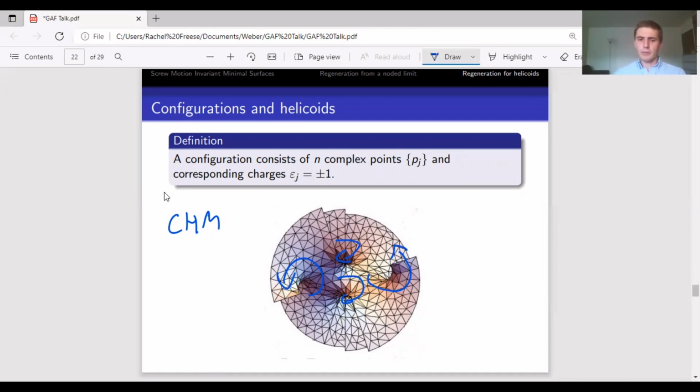Where can they be in the limit to actually end up with minimal surfaces? We need to attach to each point what we call charges, so we have these points in the complex plane. It's basically plus or minus one that tells us whether it is going clockwise or counterclockwise as you go up.